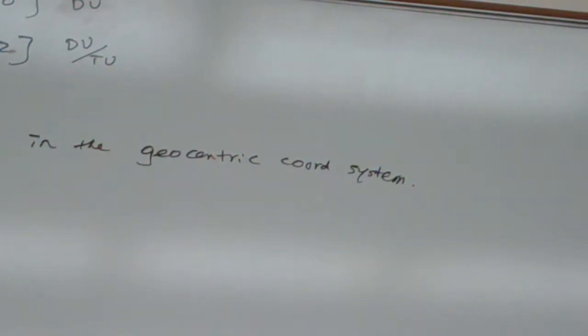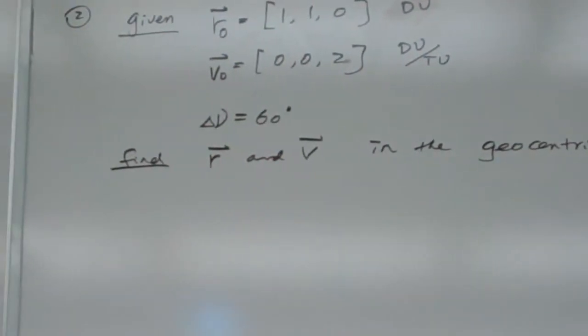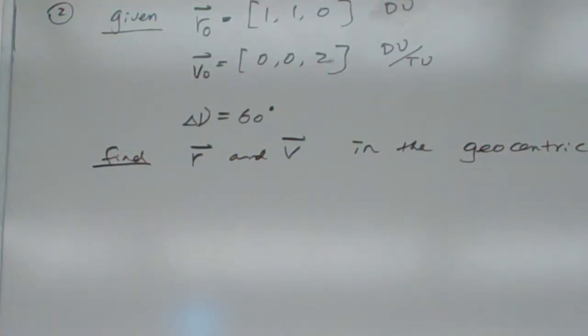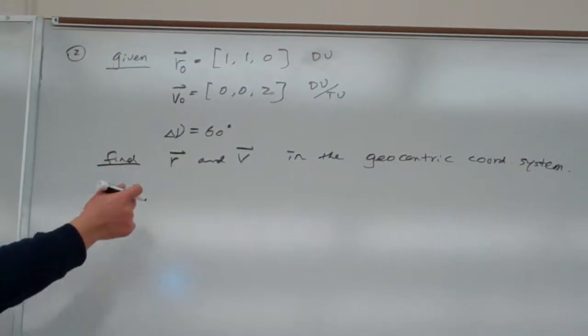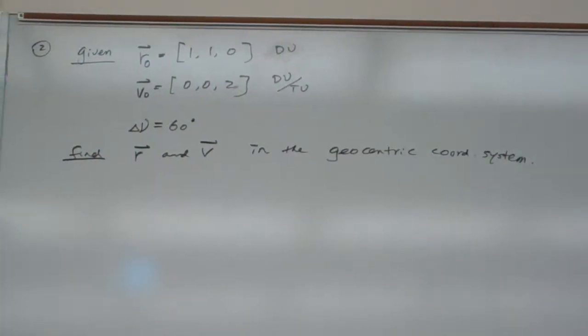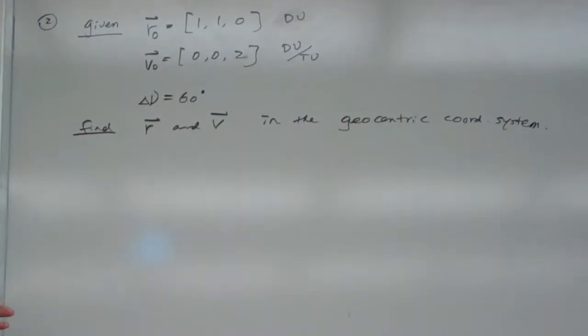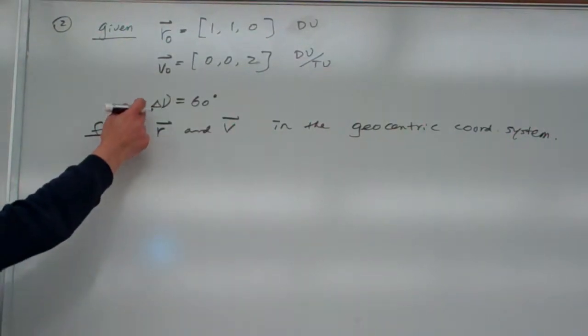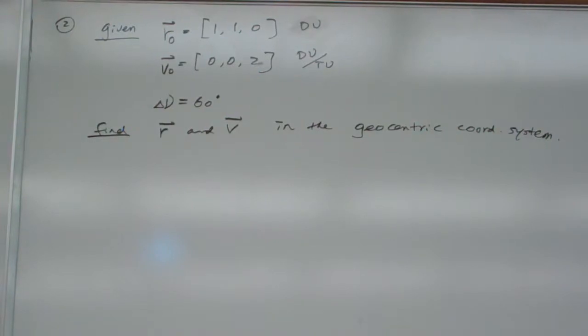Basically here we are given the initial position and velocity, and we also know the time of flight in terms of delta nu. So we want to determine the final position and the final velocity.